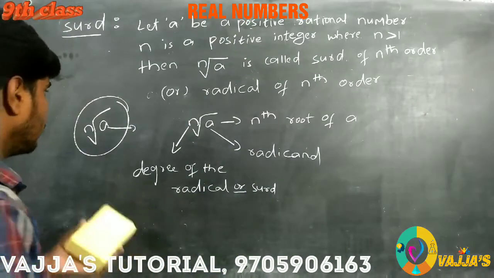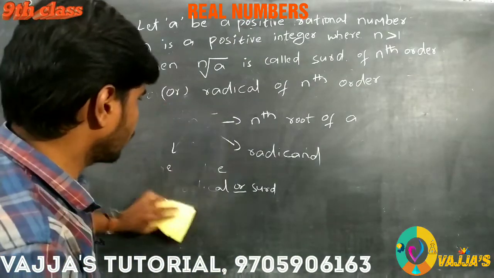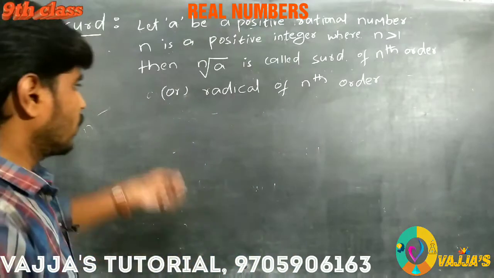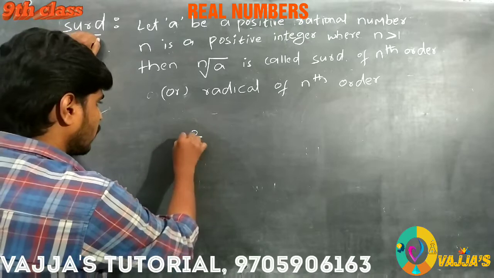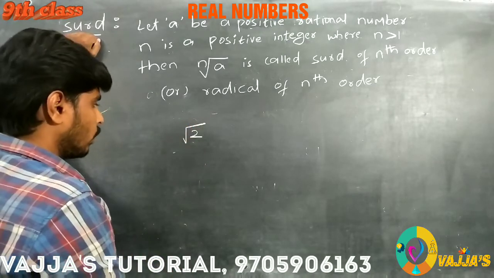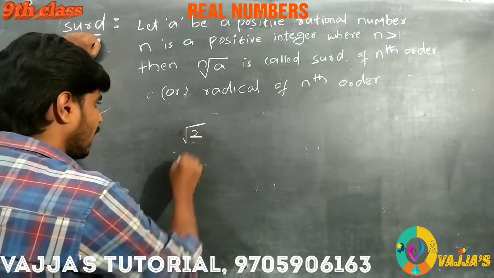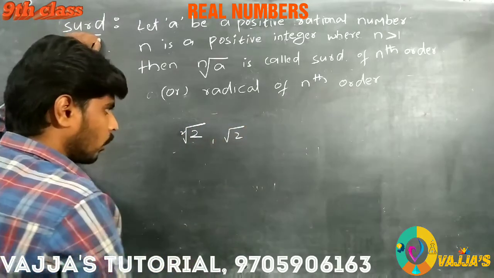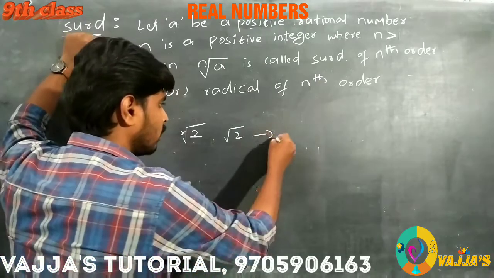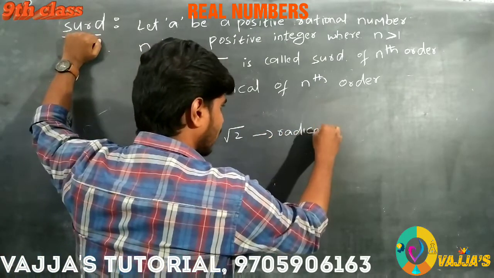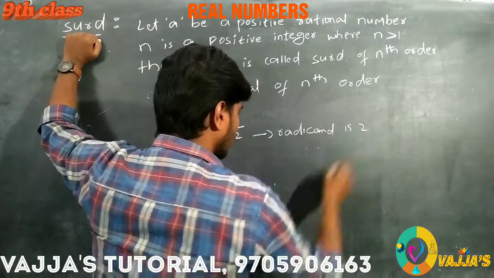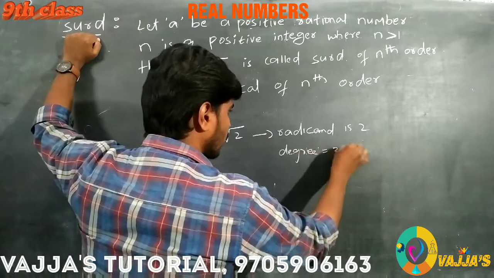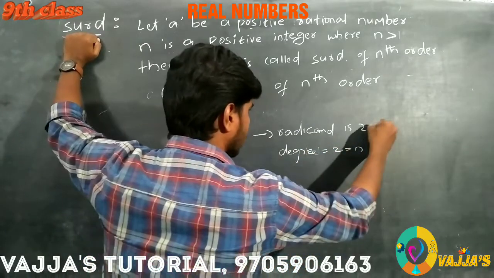We shall understand this concept by taking examples. Suppose I write root 2. Here nothing is written, which means the degree is 2, so we can simply write root 2. What is the radicand? The radicand is 2 and the degree is also 2. This is the n value, and this is the a value.